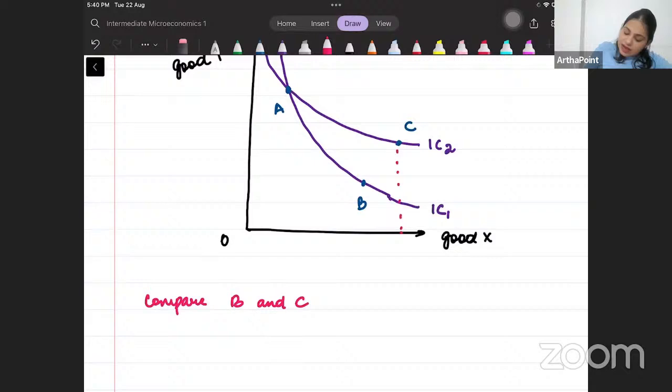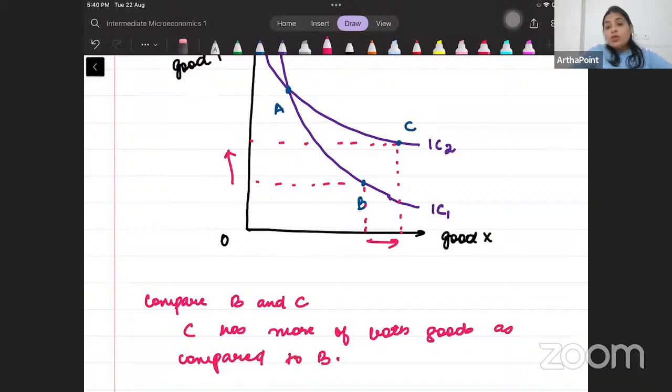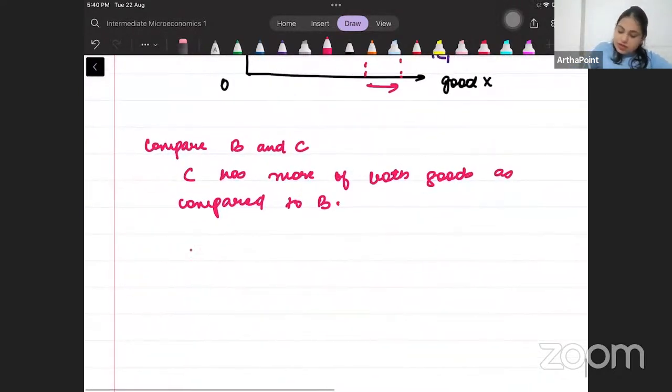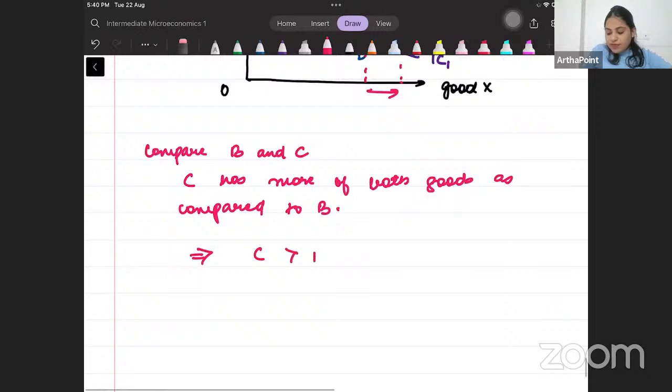B and C के हिसाब से C has more of both the goods. X भी बढ़ रहा है और Y भी बढ़ रहा है. So C has more of both goods as compared to B. So beta, this means that I will prefer C over B. So clearly C should be preferred over B. और क्या reason दे सकते हैं हम?